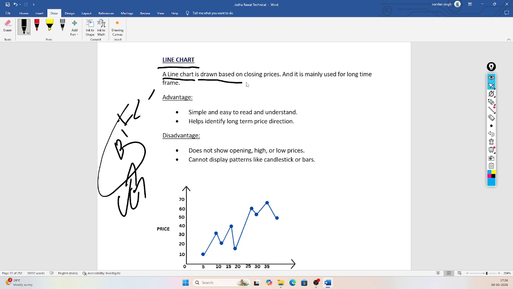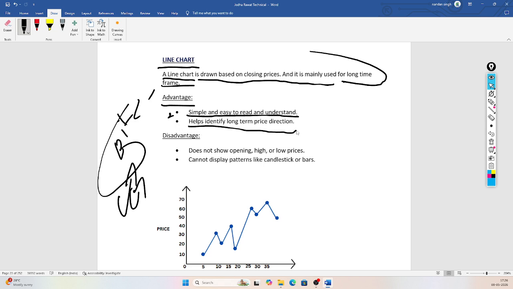A line chart is drawn based on closing prices, and it is mainly used for a long time frame. There are two advantages: it is simple and easy to read and understand, and it helps identify long term price direction, so it helps us identify whether it is long term or short term.